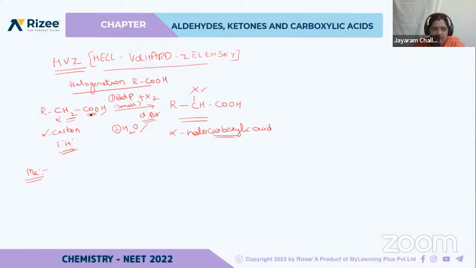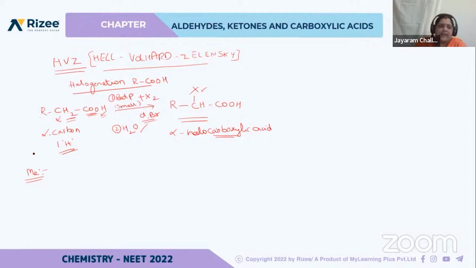First preference is at this position only, but now the preference goes to this alpha carbon atom. That's the correct thing: this is the more acidic one when compared to this one. But during the mechanism, we'll eliminate this hydrogen first itself. Why? Because we need halogen attachment at the alpha position.